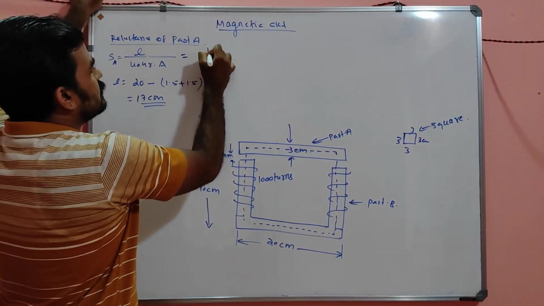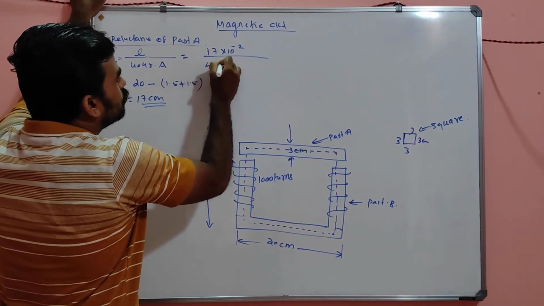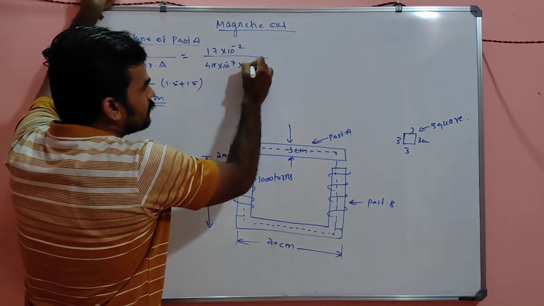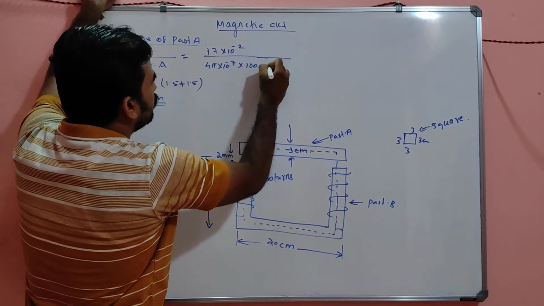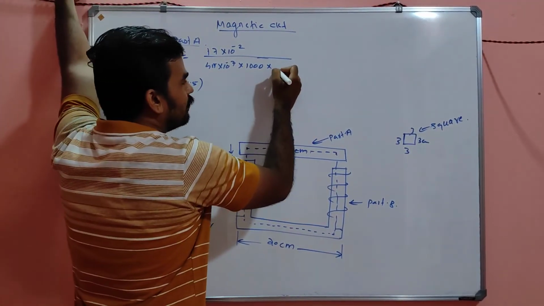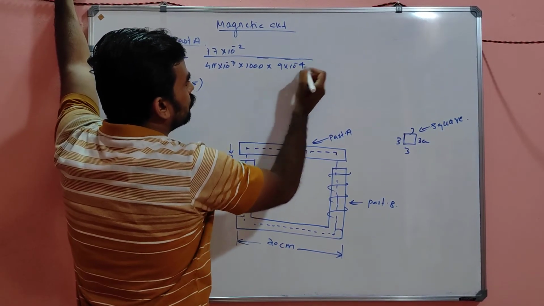So substituting this, it is 17 into 10 raised to minus 2 divided by 4 pi into 10 raised to minus 7 into mu r, given for part A as 1000, into A. Area of cross section for a square is nothing but A square, so 3 centimeter means 9 into 10 raised to minus 4.